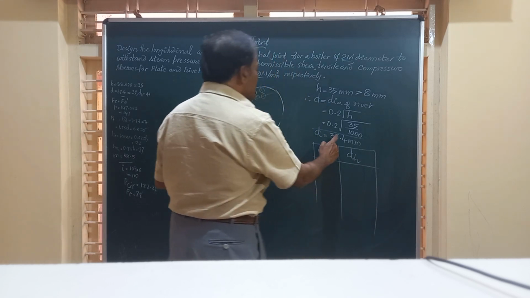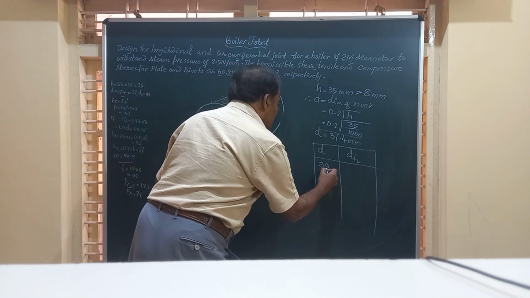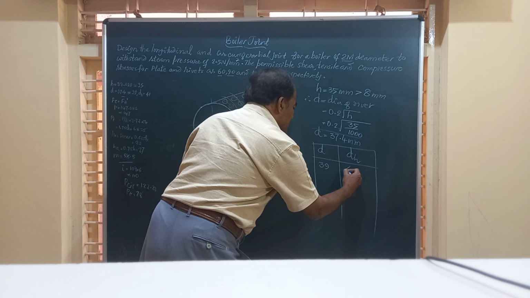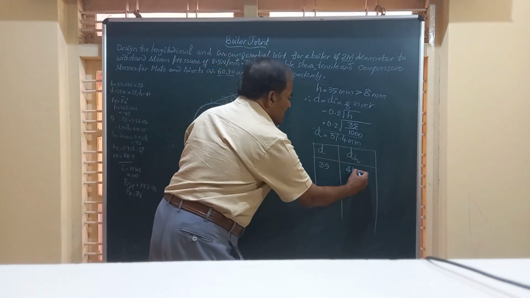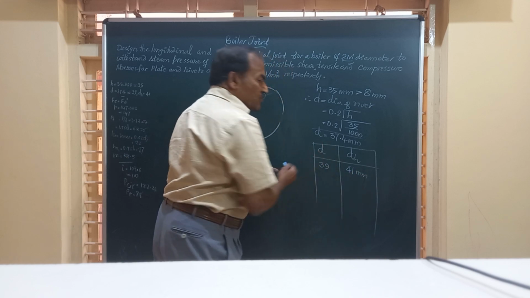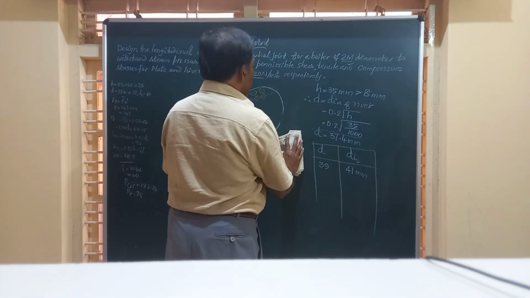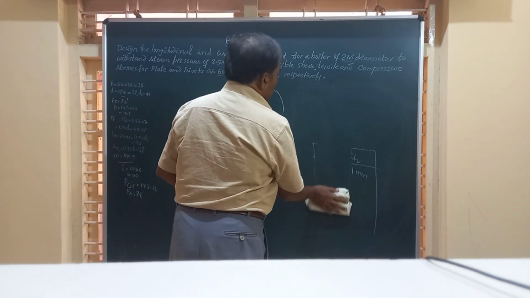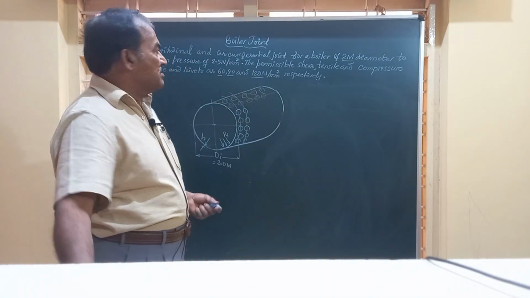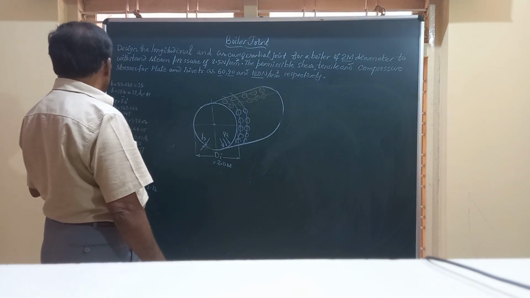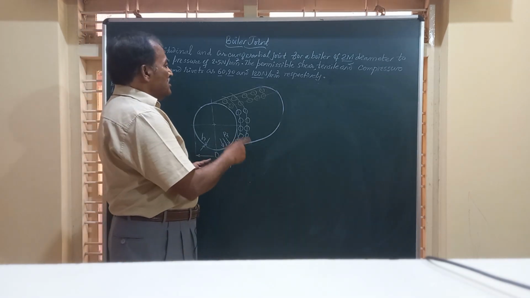We have the next standard size as 39 mm for the diameter of the rivet, and the corresponding hole diameter, the diameter of the hole to be drilled, DH, is 41 mm. So we are able to find out both the diameter of the rivet and the thickness of the shell required. And now friends, let us move on to finding out the different values.